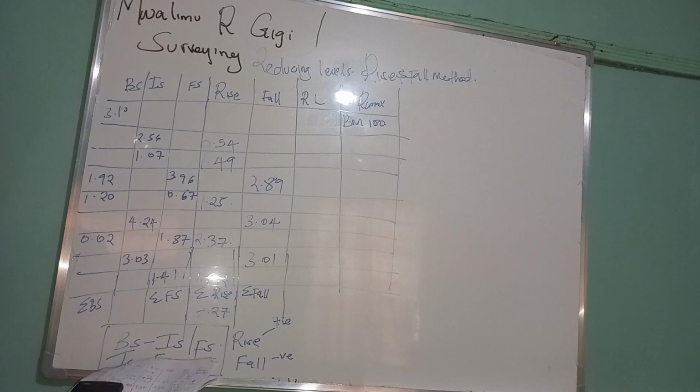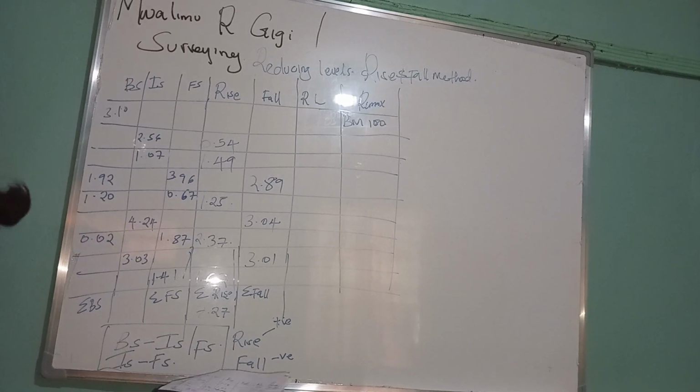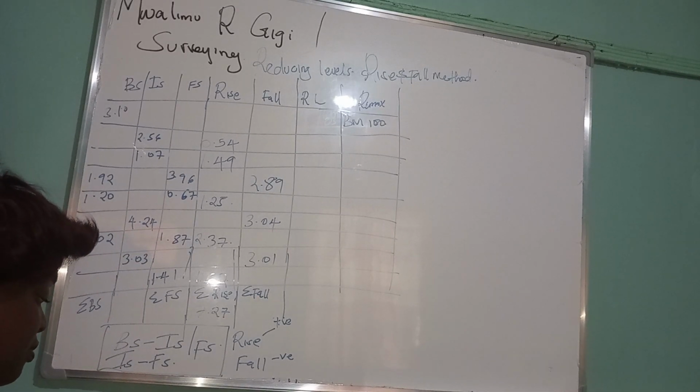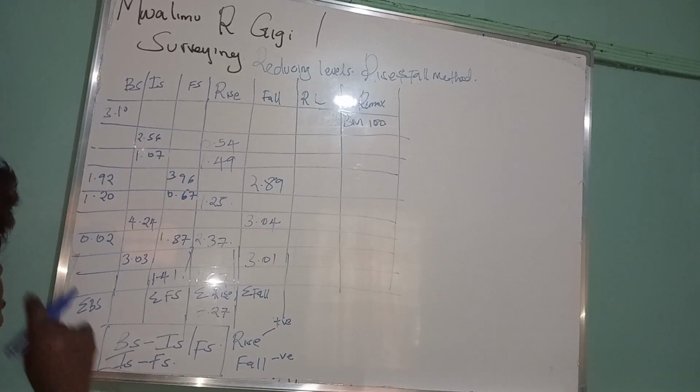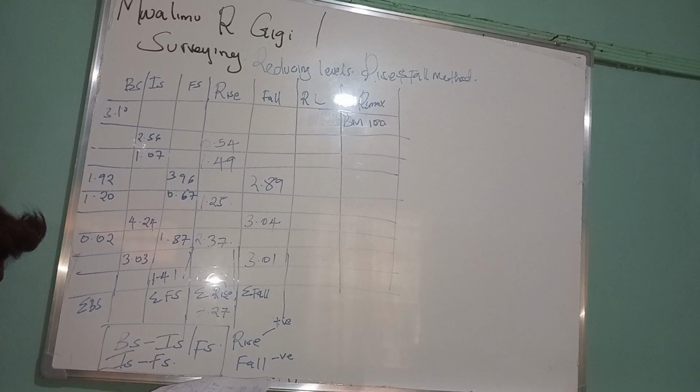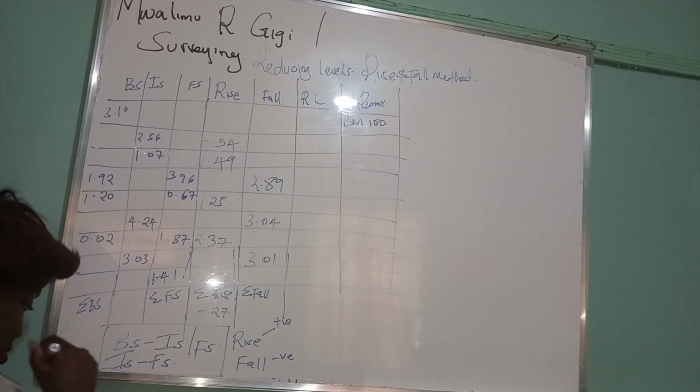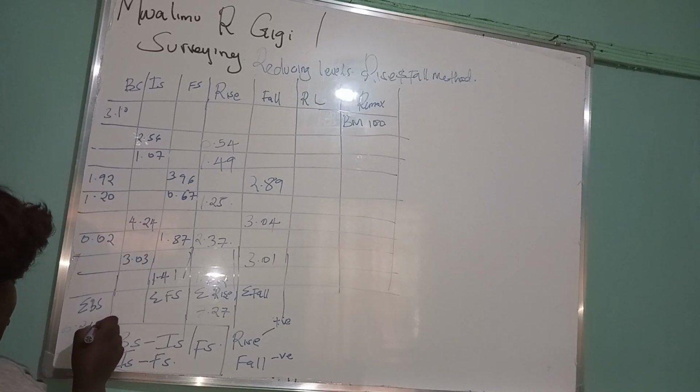We have not gotten the summation of backside, so we can do that. Summation of backside is 3.10 plus 1.92 plus 1.20 plus 0.02. So it is 6.24.